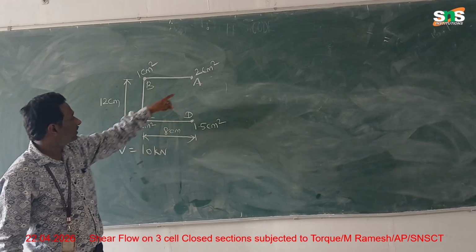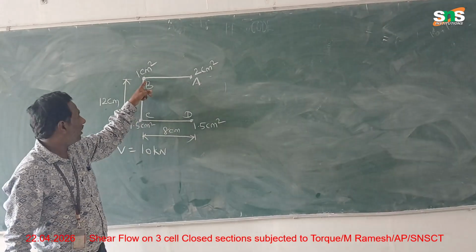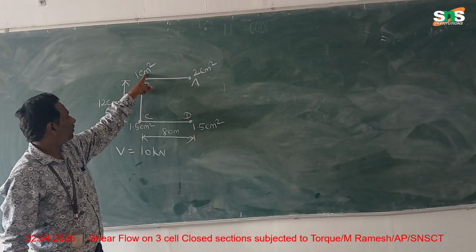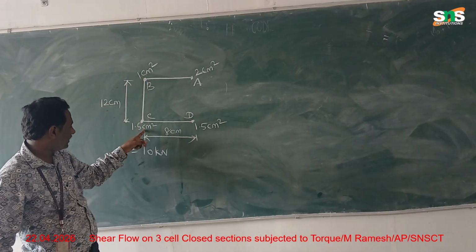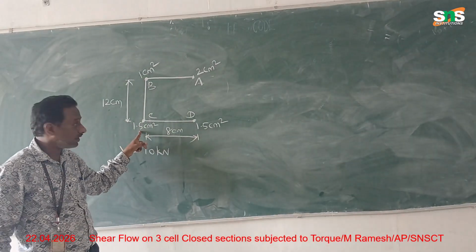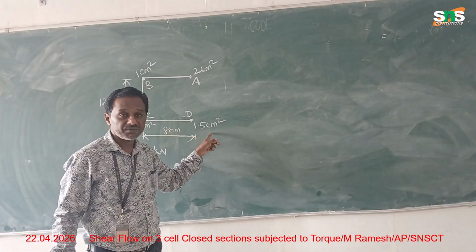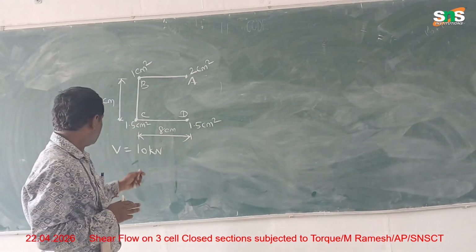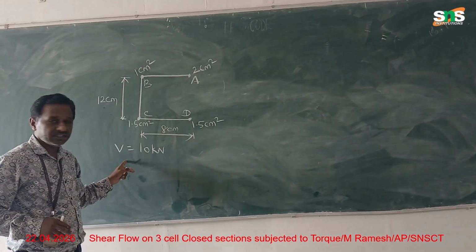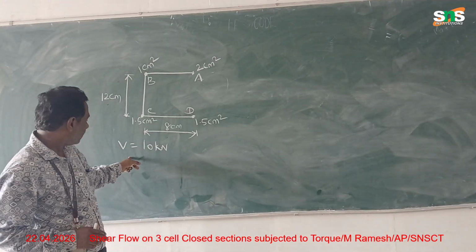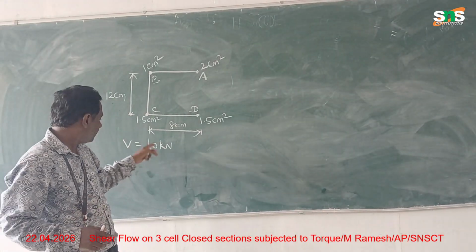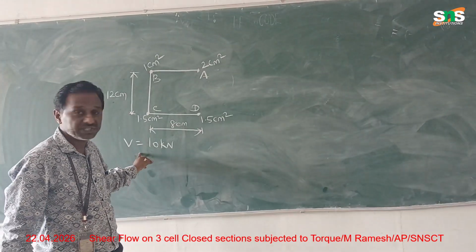There are 4 booms: area 2 cm square at A, boom B at 1 cm square area, at C it is 1.5 cm square, and at D it is 1.5 cm square area. That is the booms area. Now it is given that the shear load is acting at the shear center, and the shear load is equal to 10 kN.